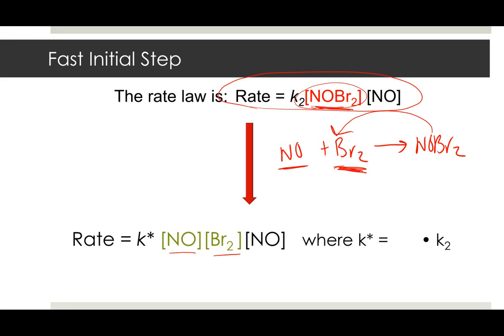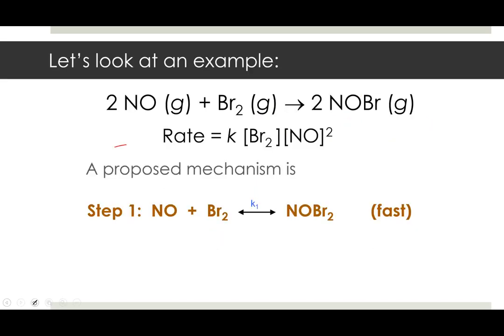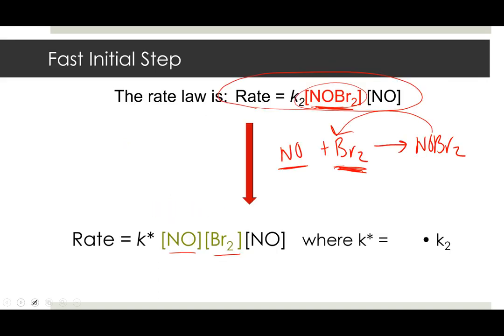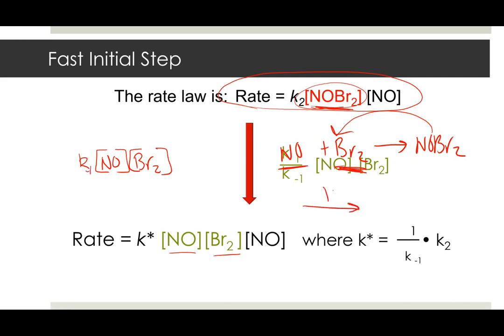But with that comes its own K value. NOBr2 is what replaces it, but that has a K value of K to the -1, or the reverse of K. So if this way was K1, this way is K to the -1, the inverse of that, or the reverse of that.